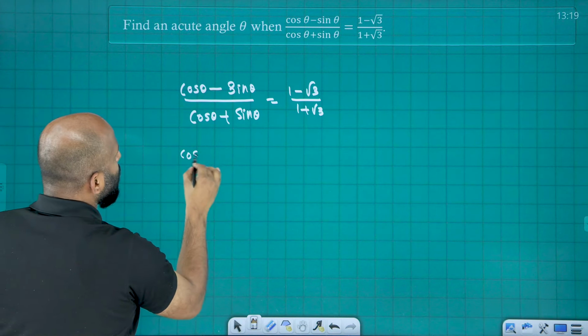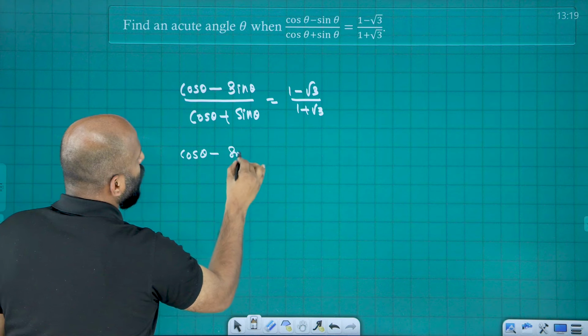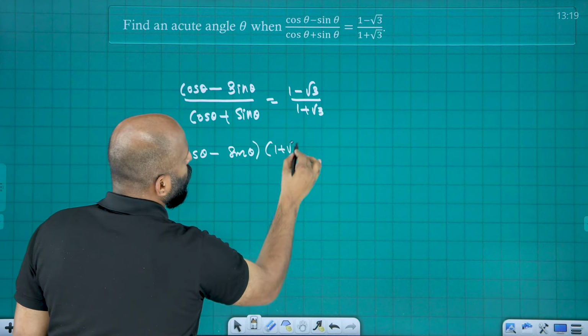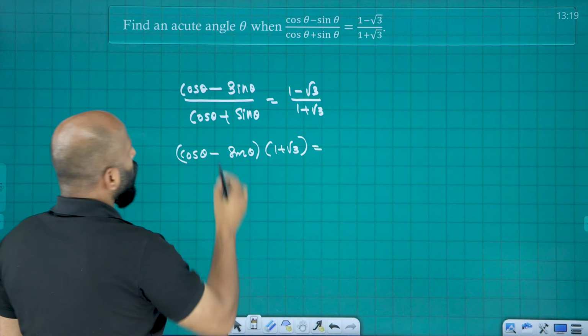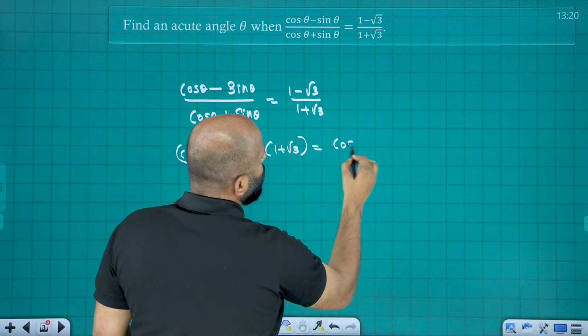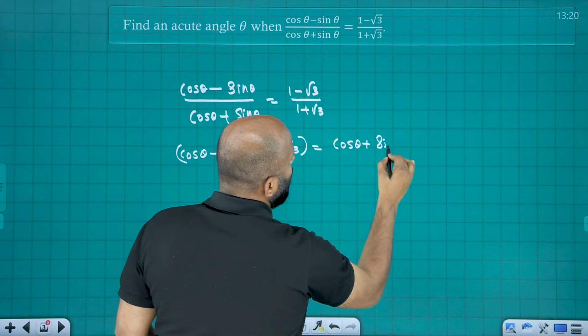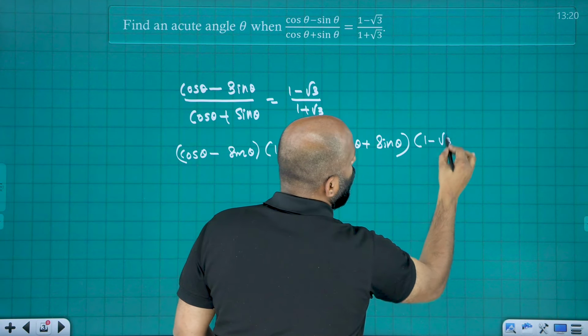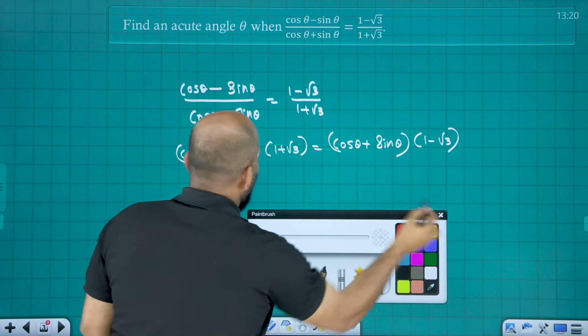So we'll get (cos theta minus sin theta) into (1 plus root 3) is equal to (cos theta plus sin theta) into (1 minus root 3). Now we can expand.